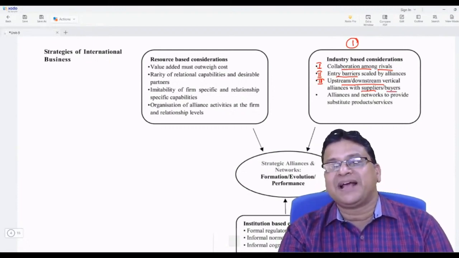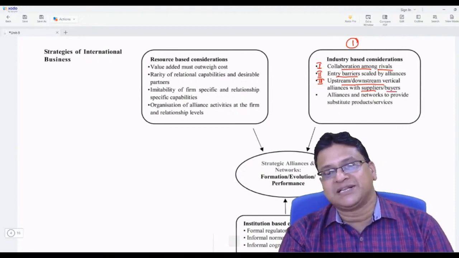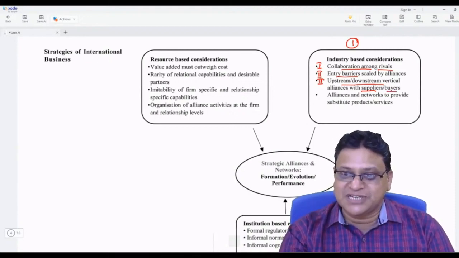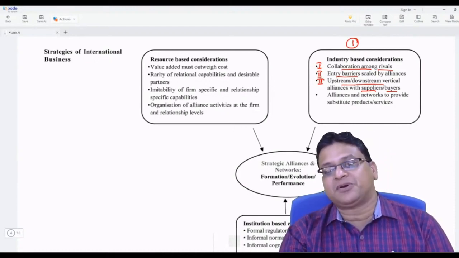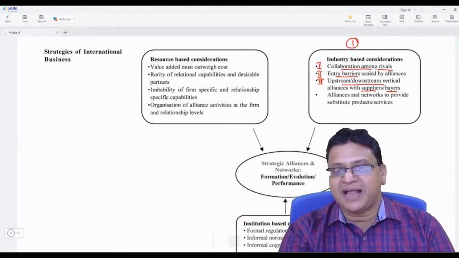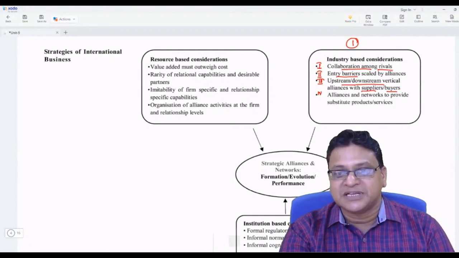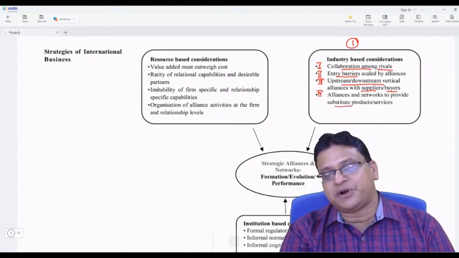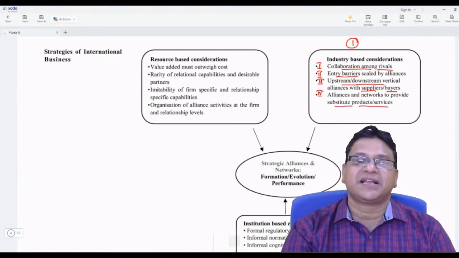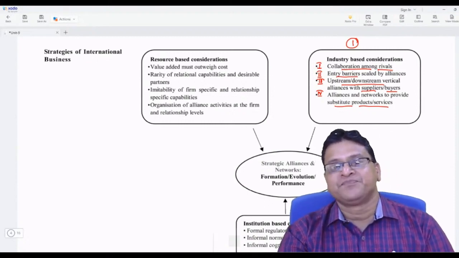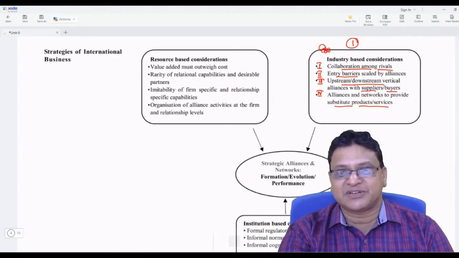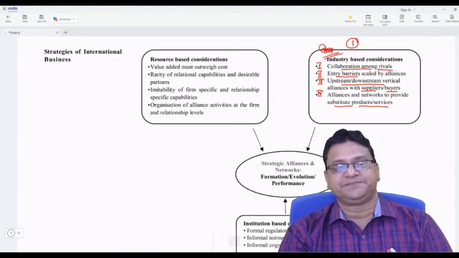If you make an alliance with your buyers, that is known as downstream alliance. So industry-based consideration can be collaboration among rivals, entry barriers, upstream or downstream verticals. There can also be alliance and network to provide substitute products or services. If alliance takes place for this reason, this is known as industry-based consideration for alliance.